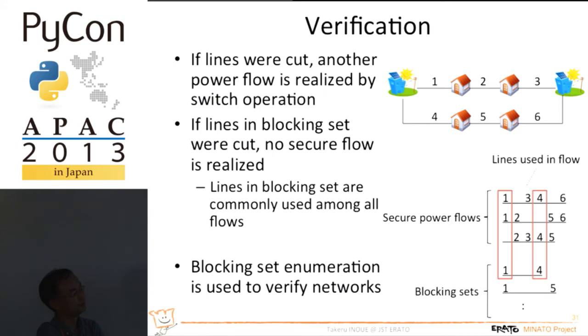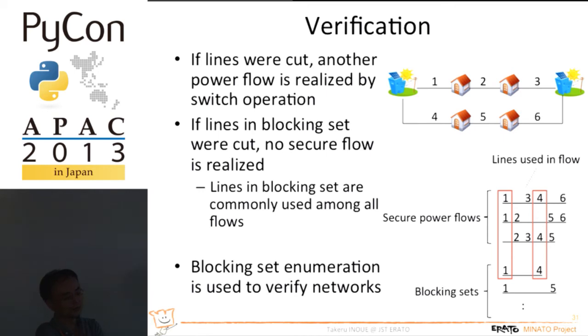In this example, three secure power flows can be configured in the above network. One uses lines 1, 3, 4, 6, and the next secure power flow uses 1, 2, 5, 6, and so on.